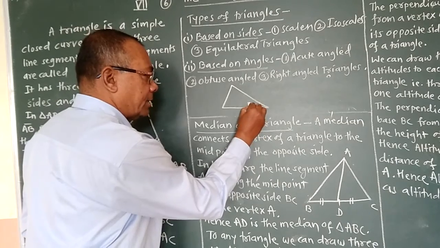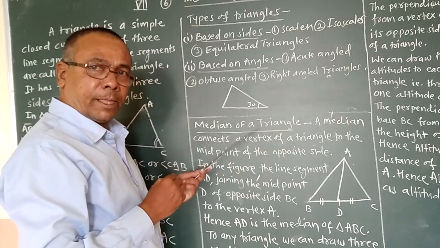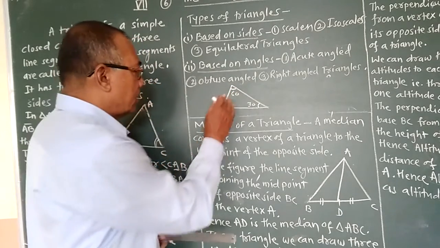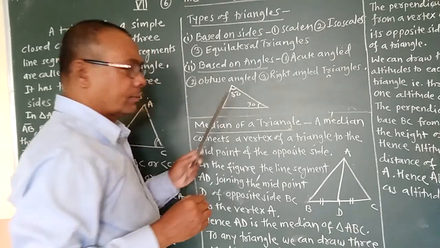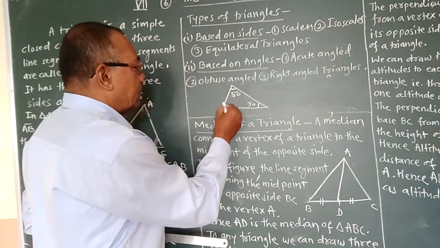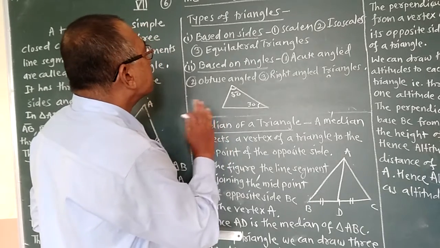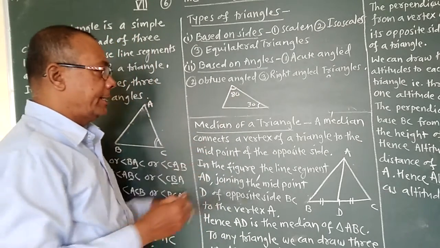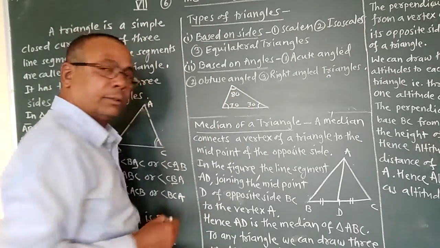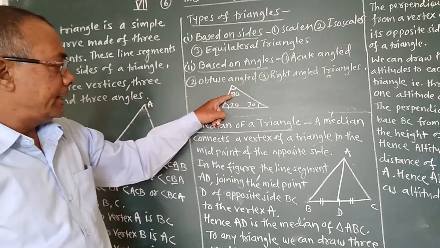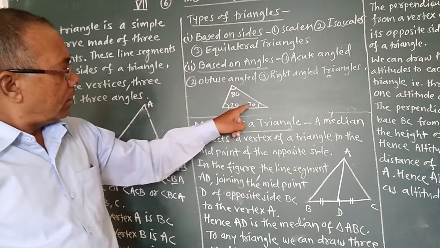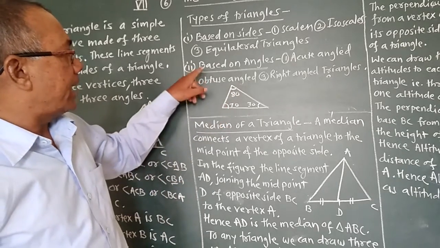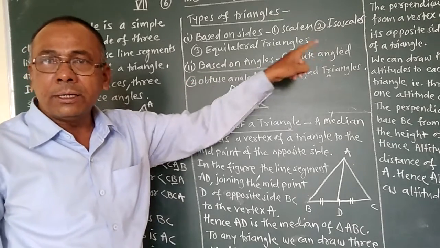For example, this is 30 degree, this is 80 degree, and this is 70 degree. Here all the three angles are less than 90 degree, then the triangle is called as acute angled triangle.